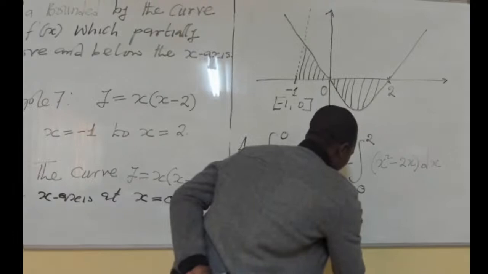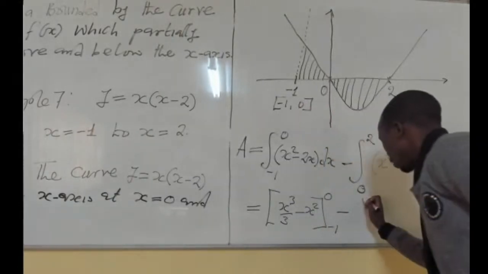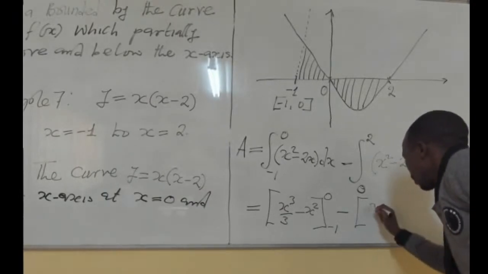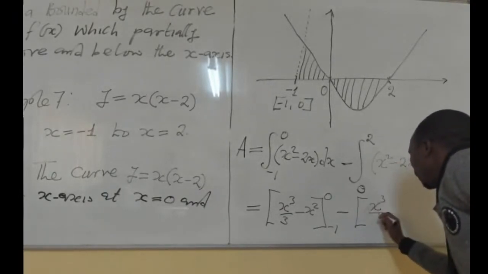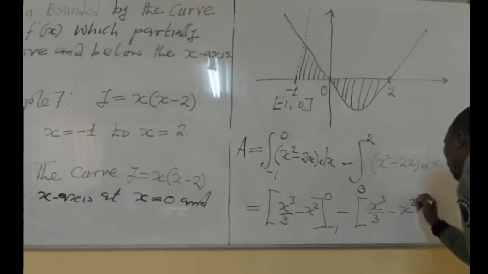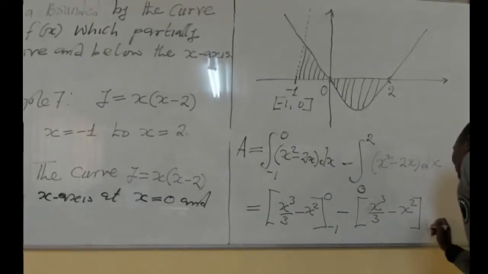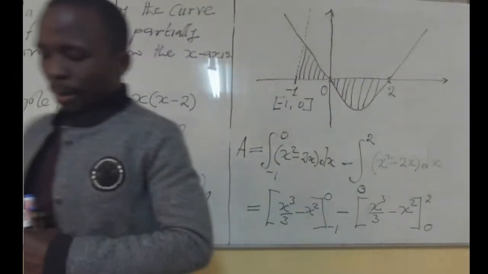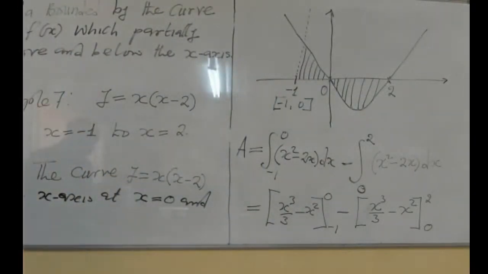Then minus, again, you have x power 3 over 3 minus x squared. The limit of integration in this case is from 0 to 2. I hope everyone is following with my explanation.